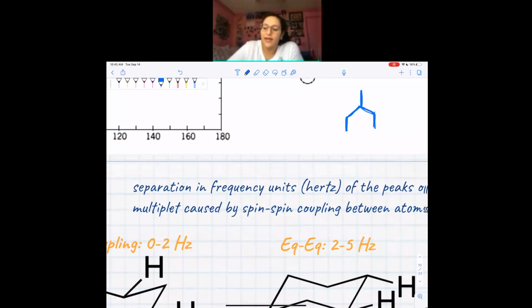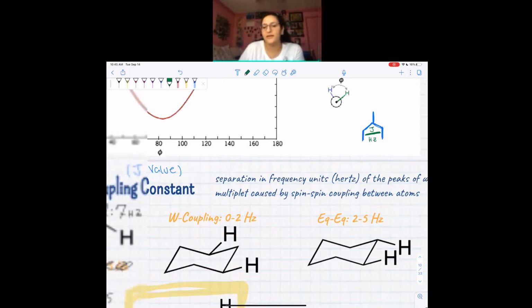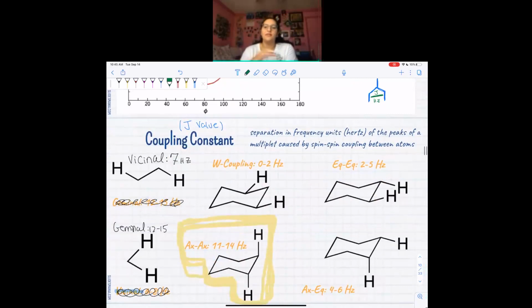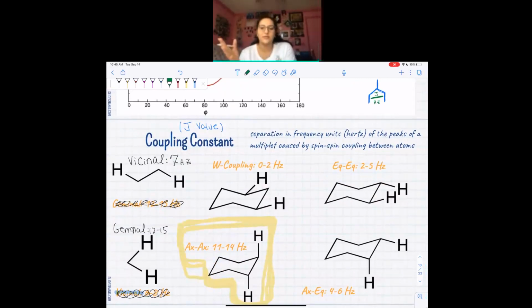So if we have these two peaks, we have some kind of distance here between them. So that distance between the two peaks is our J value. And that's in units of hertz. So how I want you to think about it is it's just the value by which one neighbor is going to split a signal.